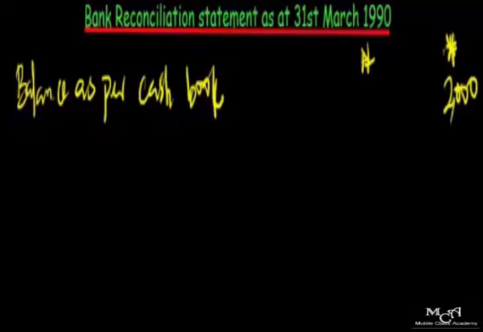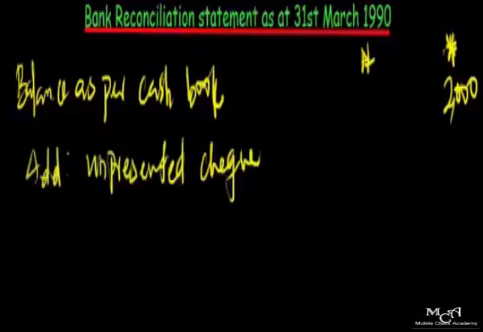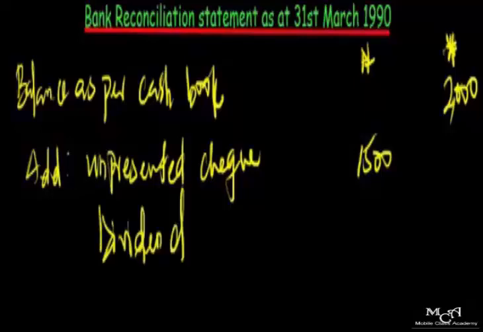Then, starting with balance as per cash book, we are going to add our unpresented check. Our unpresented check in this case is 1,500. This will be in the first currency column. And we are going to add dividend. Our dividend is 300 naira.